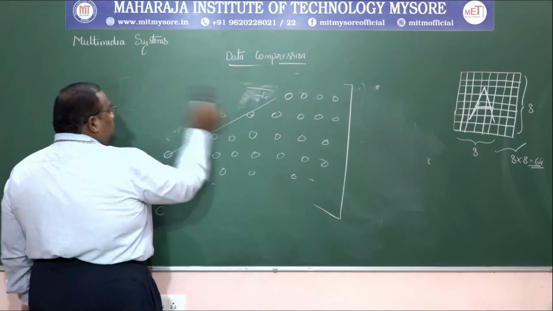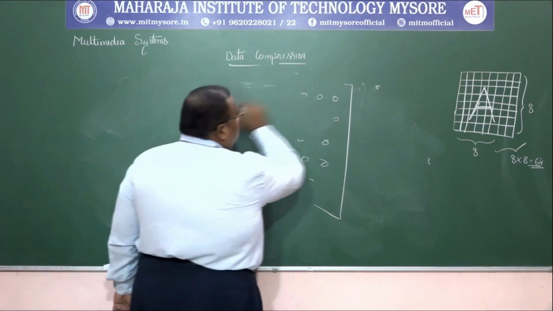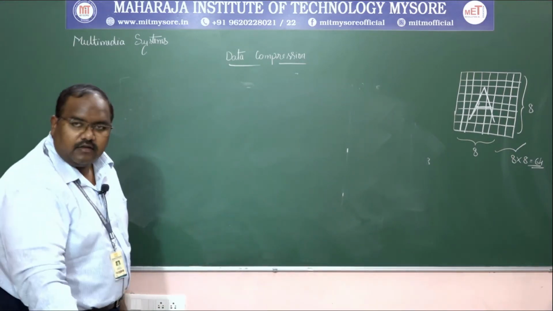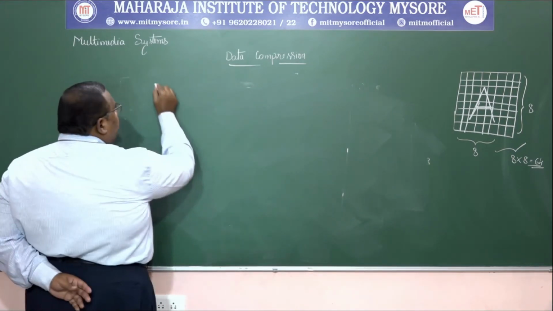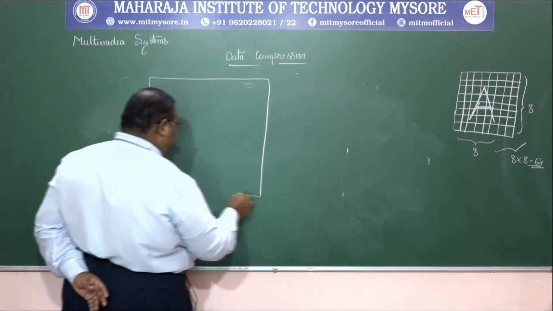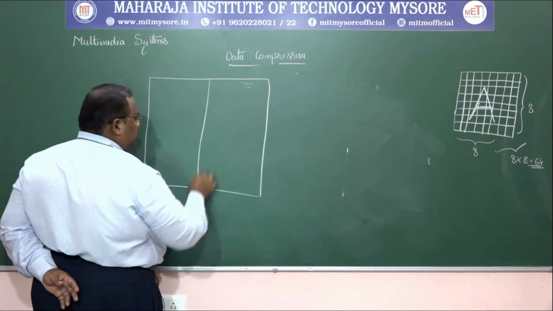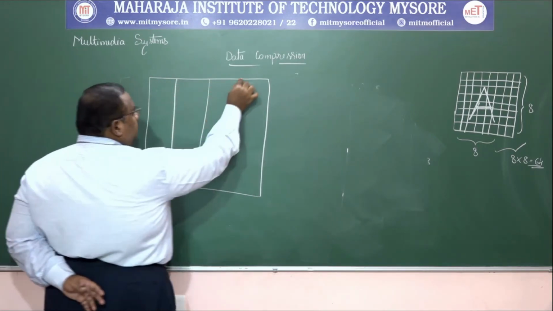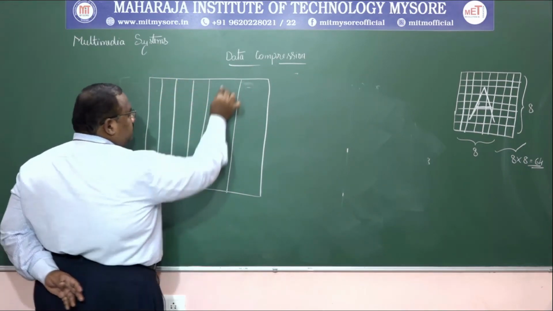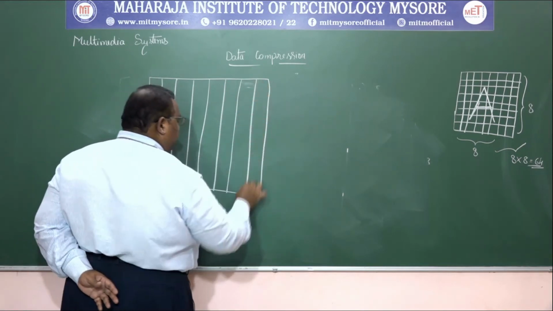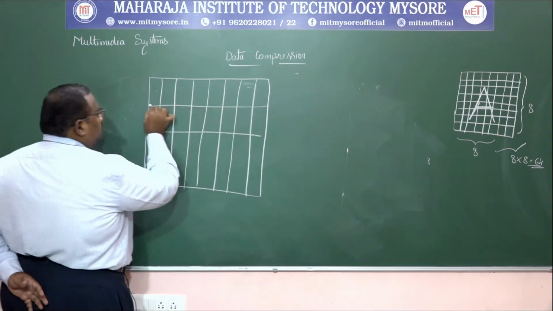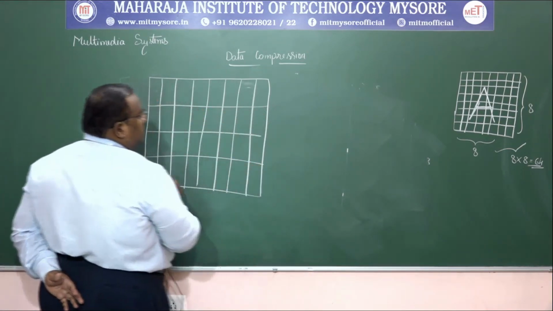So now we need to scan this matrix. We know that we have a matrix that is 8 cross 8. Eight columns are ready.